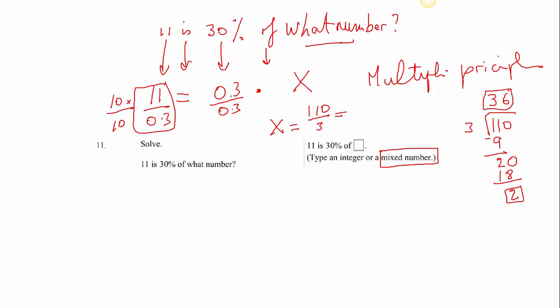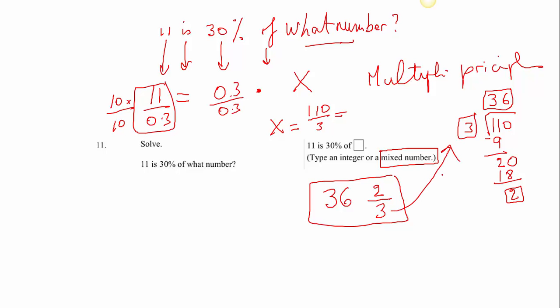We use all these numbers to build our mixed number: the quotient 36, and the remainder over the divisor. The 3 comes from here, the 2 comes from here, and the 36 comes from here. So this is the final answer: 36 and 2/3.